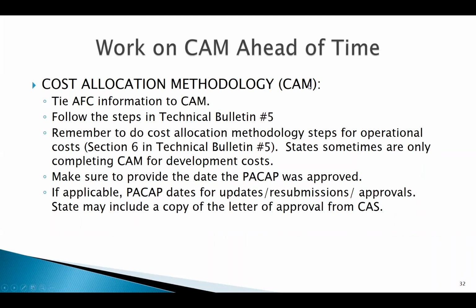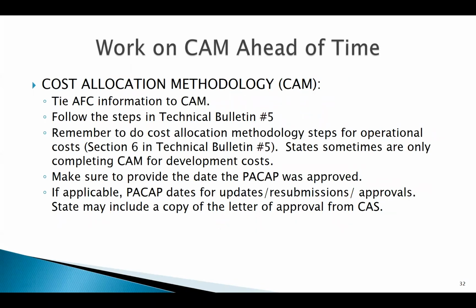And this next bullet point really is just something we're seeing, that it looks like most states are getting more comfortable with making sure that they have a development cost allocation. But we have to make sure that even when a system is in operations now, we have the operational cost allocation for the project.